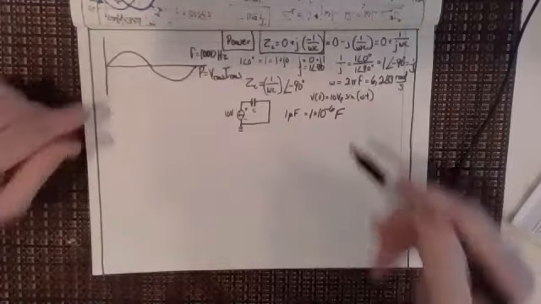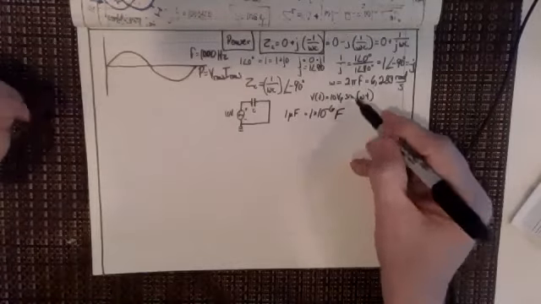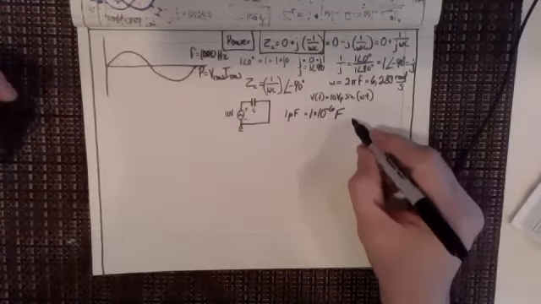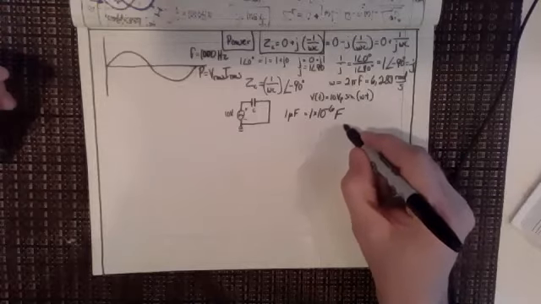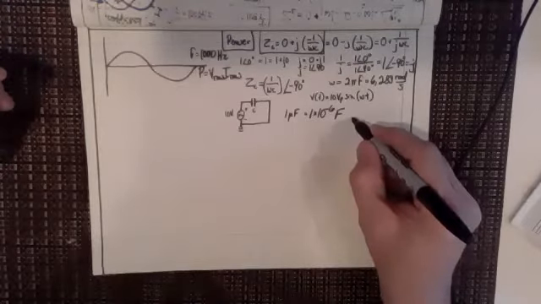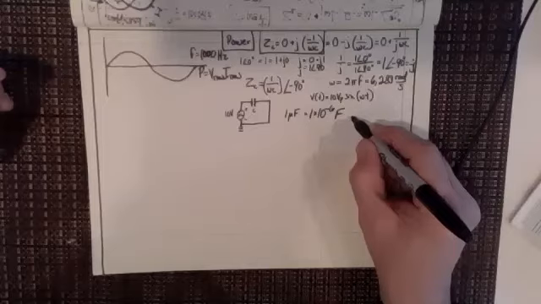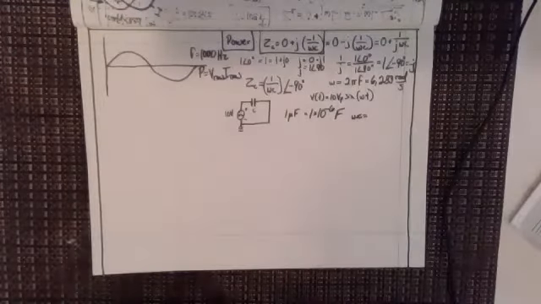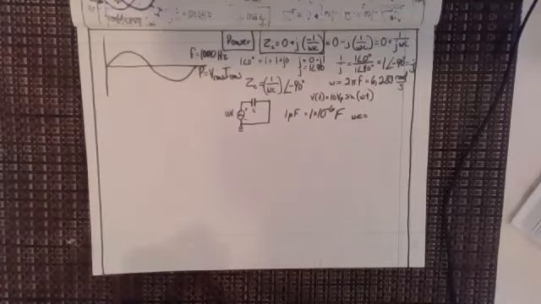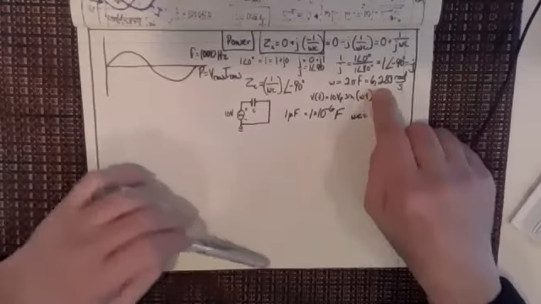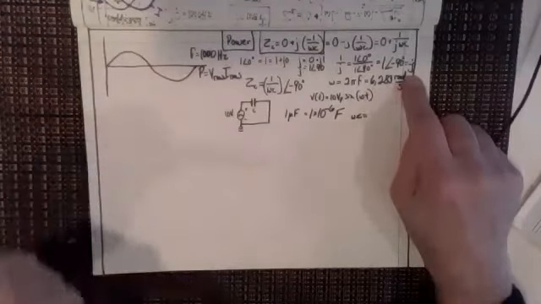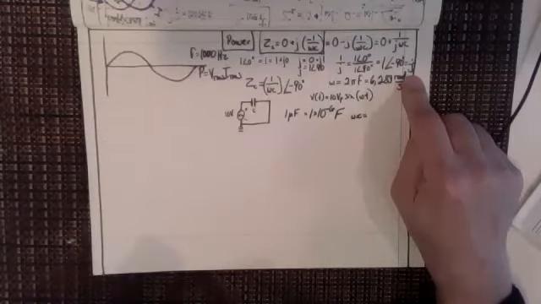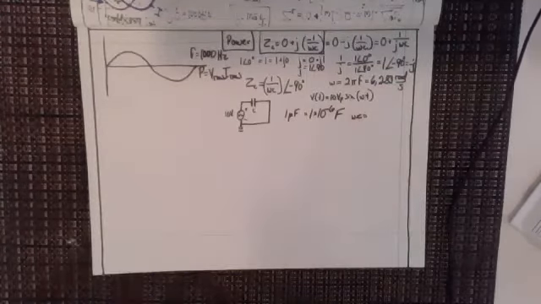So let's just look at that then. If we had that, omega c, let's look at two things. First of all, omega c is going to be 1 times 10 to the minus 6 times, so this is 6.283 times 10 to the 3, and then it would be 6.283 times 10 to the minus 3.